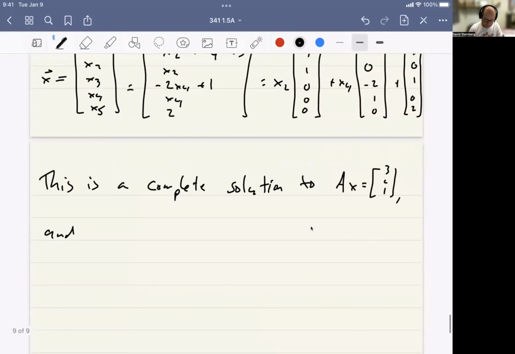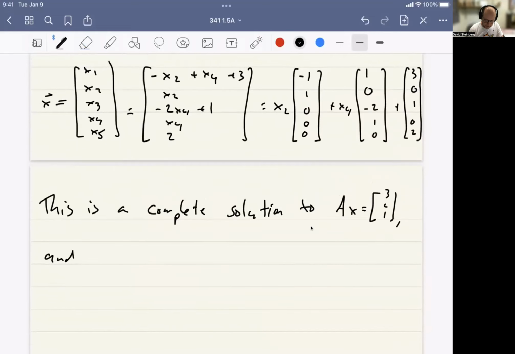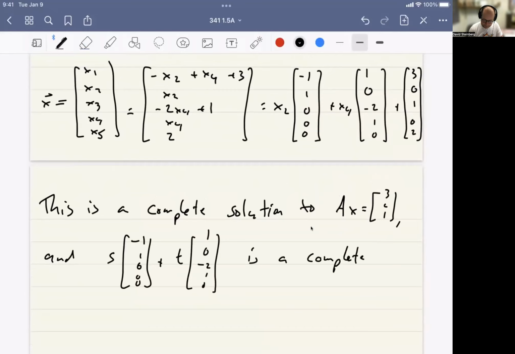And s times -1, 1, 0, 0, 0 plus t times 1, 0, -2, 1, 0 is a complete solution to the homogeneous equation Ax equals 0, where s and t are any real numbers.